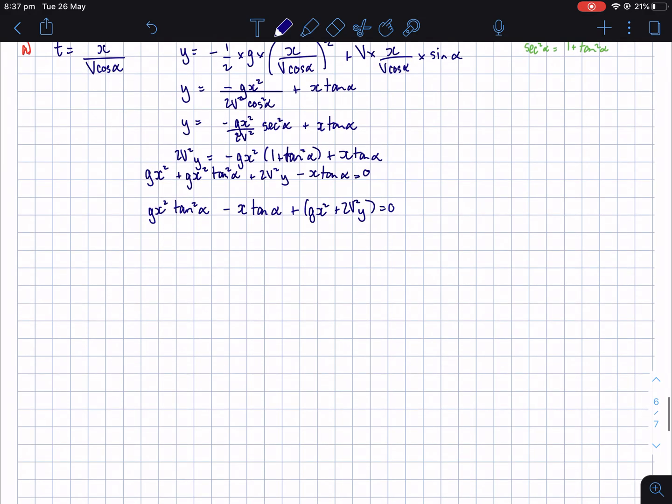This is a quadratic. If we let u equal tan alpha, this is a u squared plus b u plus c.